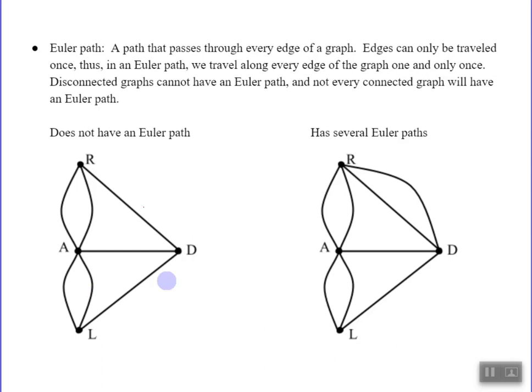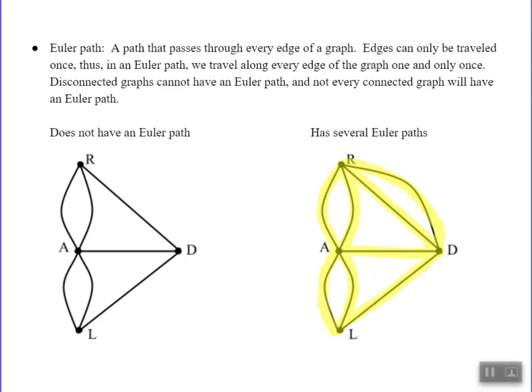However, if I take this diagram and add one extra edge, I can create a graph that actually has several Euler paths. So let me see. I'm going to start at A. So if I go here, here, here, I'm done.